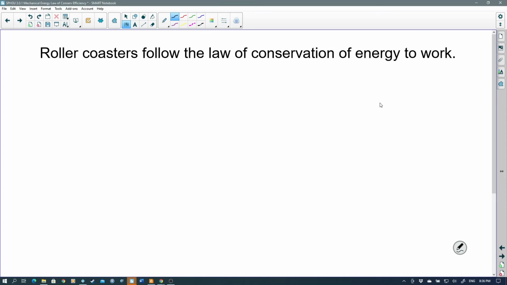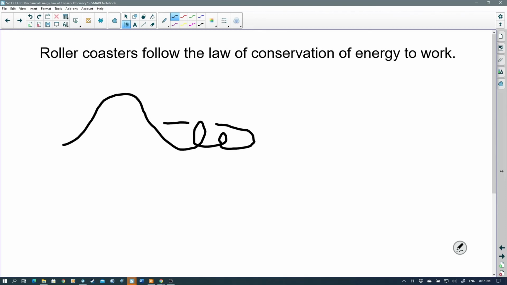So one place that you will find the law of conservation of energy in your real life is on roller coasters. If you think of how a roller coaster works, you usually have a major hill and then you'll have all the different types of things going on in the roller coaster. To get up the hill, you're going to have a motor that's going to pull the train of the roller coaster up to the top.